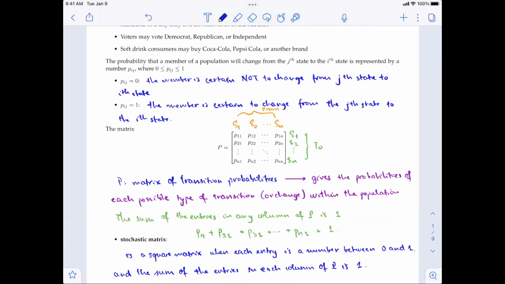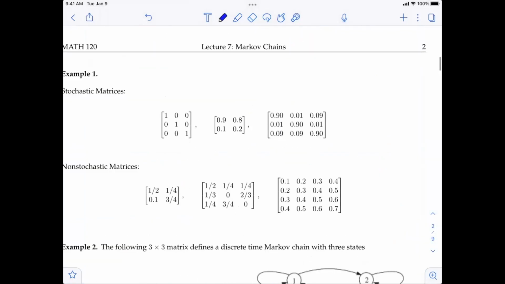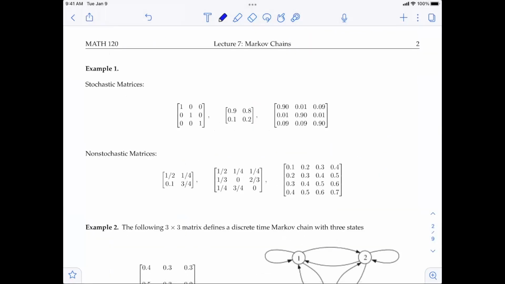All right, so let's move on to some examples to identify which matrices can be classified as stochastic matrices and which cannot.